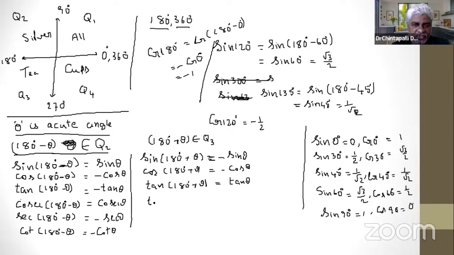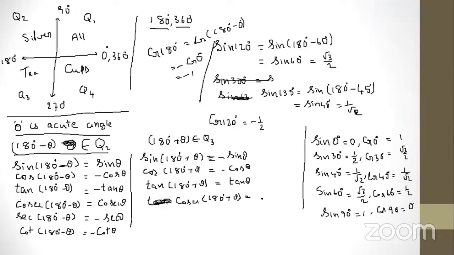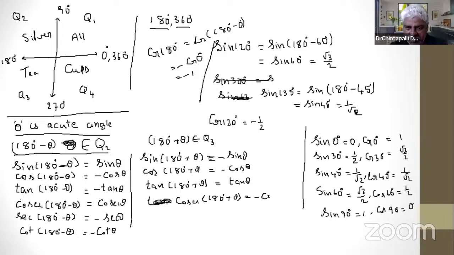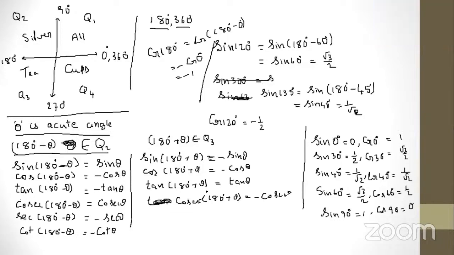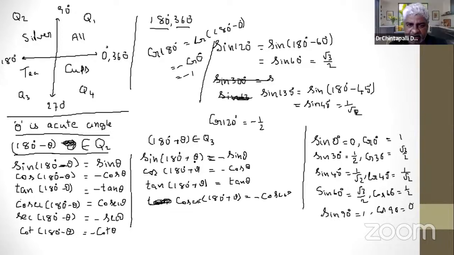What is cosec of 180 degrees plus theta? Negative cos theta. Sorry, see: sin, cos, tan, cosec.